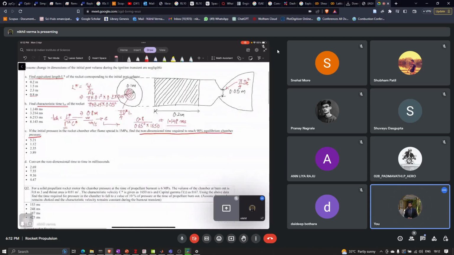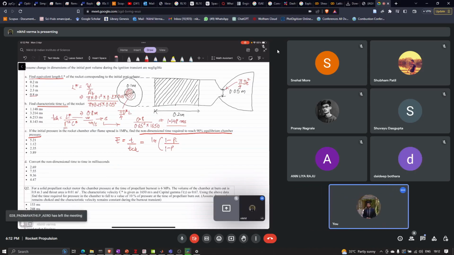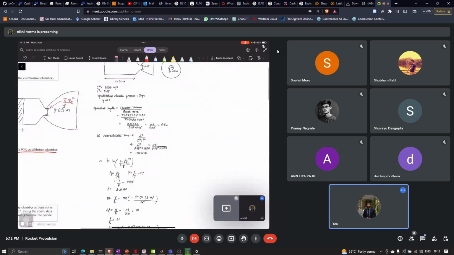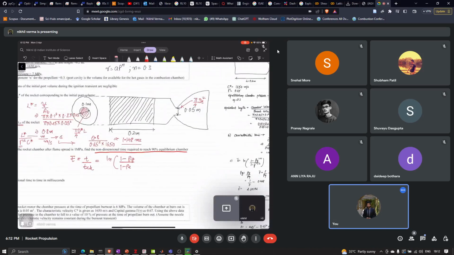So the non-dimensional time, which is given as the actual time divided by TCH, is just the ratio of 1 minus P ignition by P bar to the power minus n, and minus n.